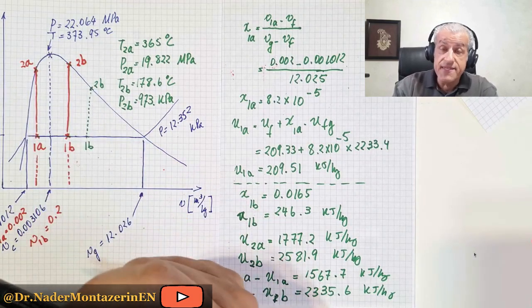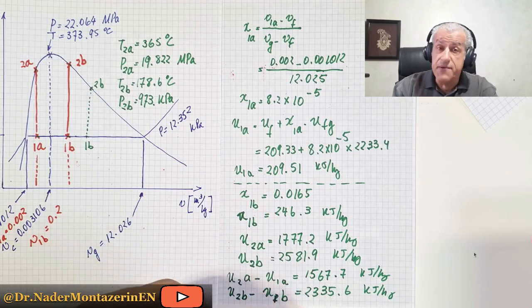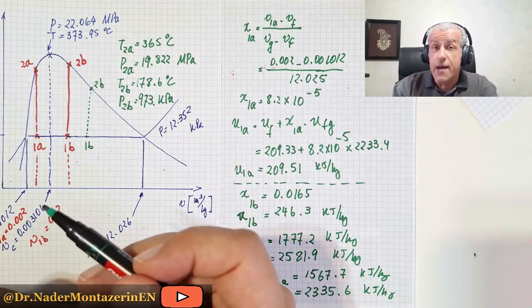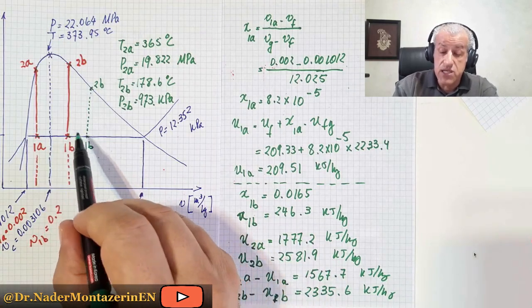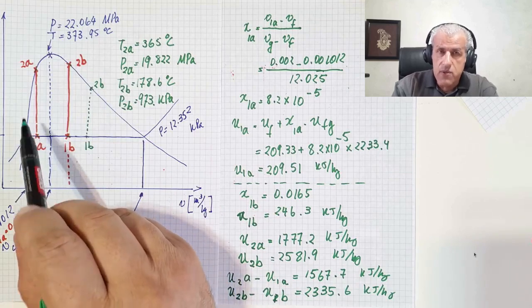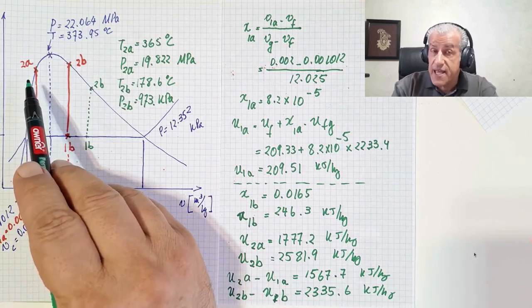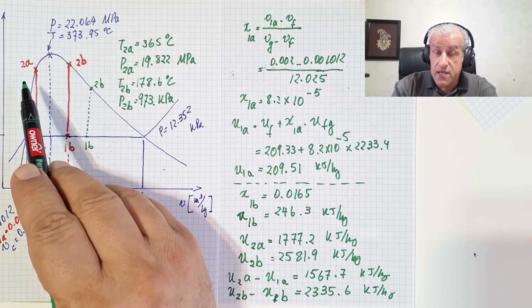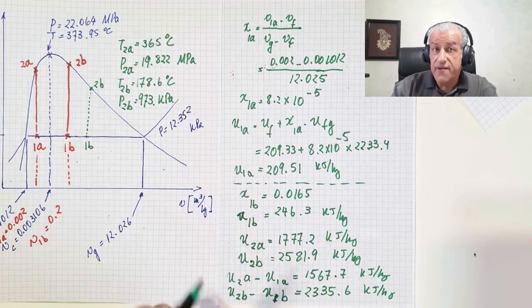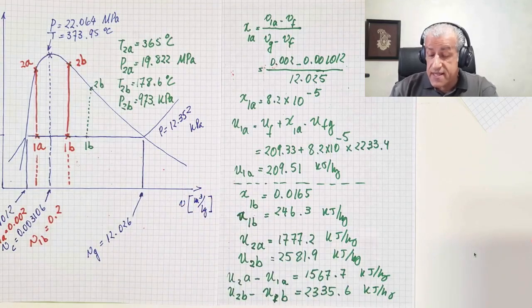And this is the vaporization energy that is absorbed here just to change this water to vapor. Here only the temperature has increased, but no liquid has turned to vapor. And this is the difference between these two cases.